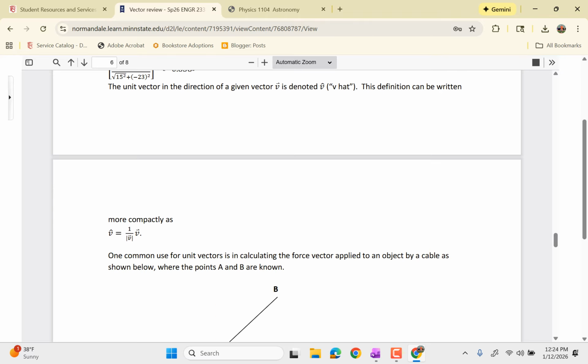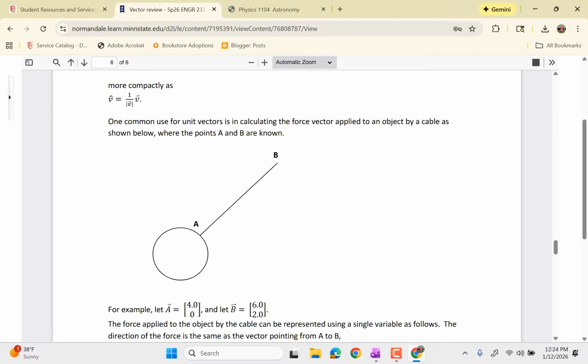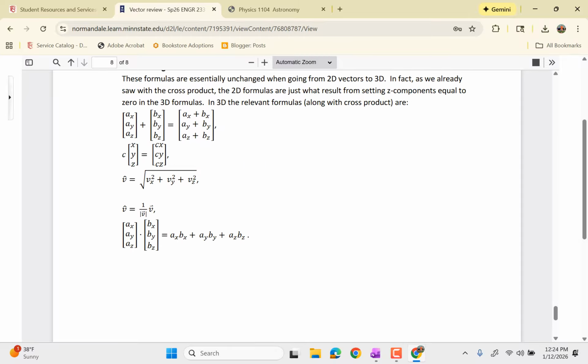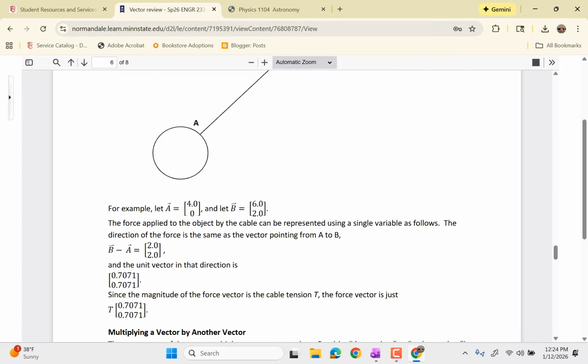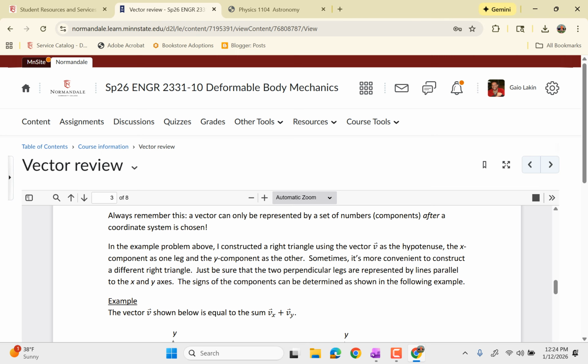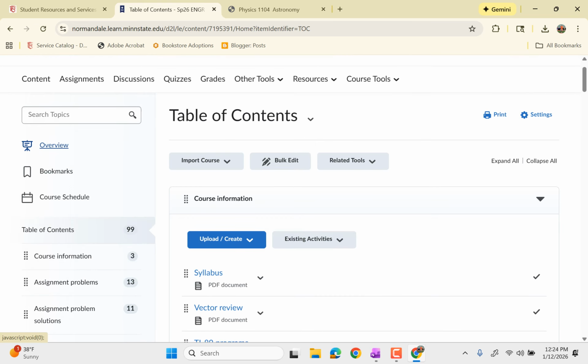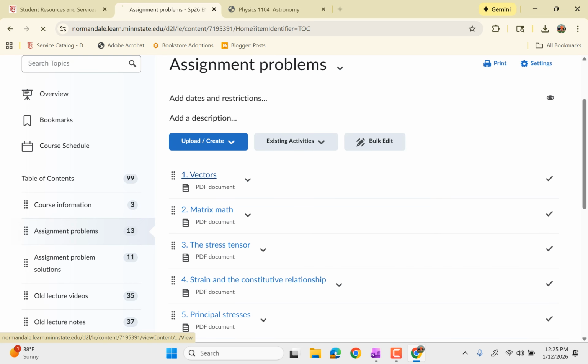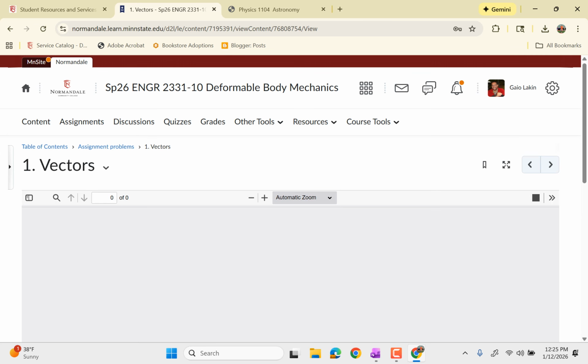So you don't have to do it for dynamics and Deform, but even if you've done it for statics, just do it again. So there is the reading part of it, and then under assignment problems, here are the problems associated with it.